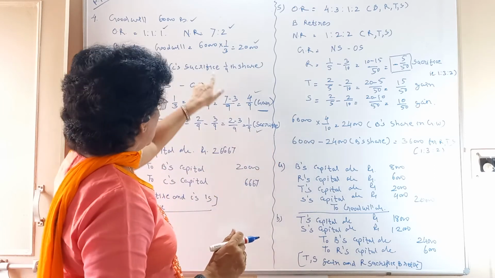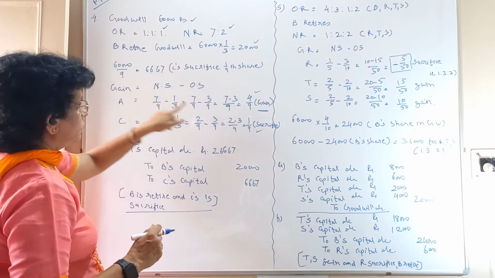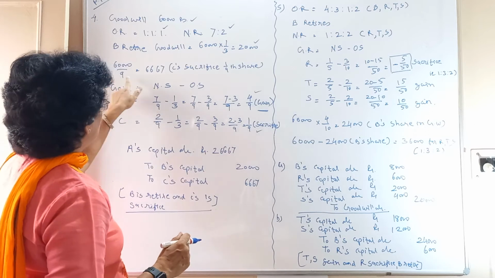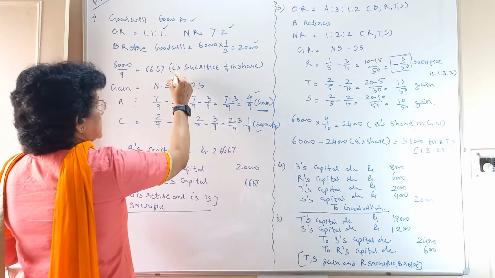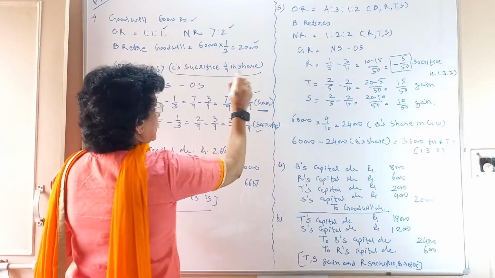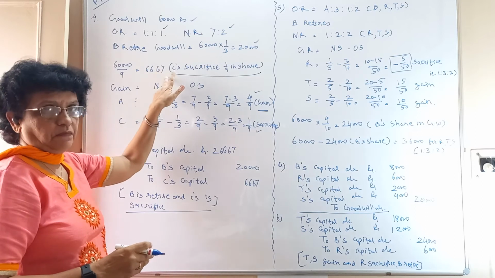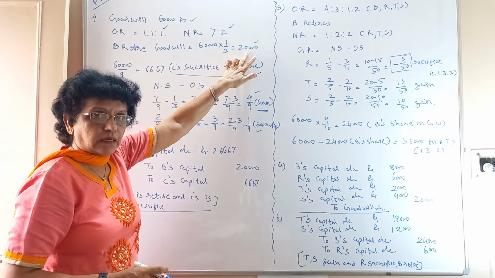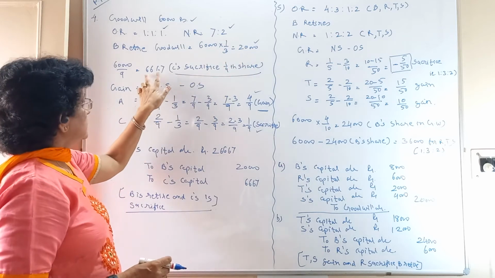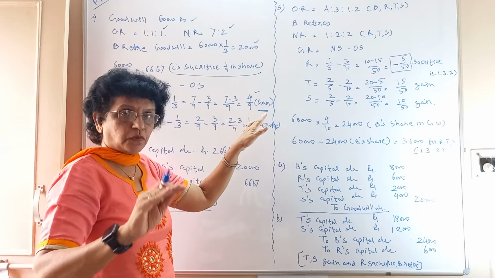So what is the amount? The total is 60,000, of that the 1/9 portion of the goodwill is 6,667, that is C's sacrifice of 1/9 share. So he is supposed to get 6,667. So 20,000 the retiring partner has to receive, and 6,667 the sacrificing partner is supposed to receive.